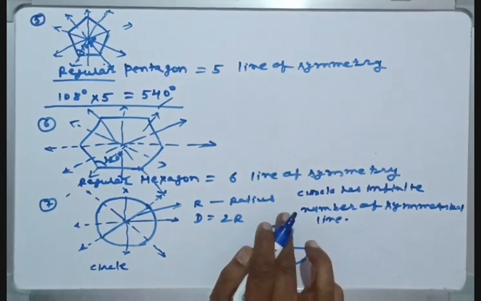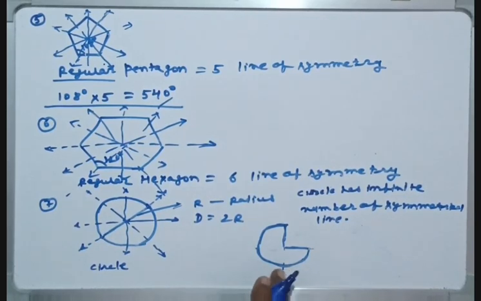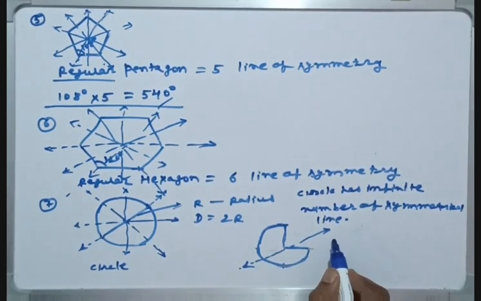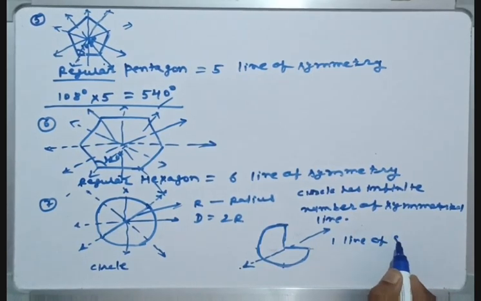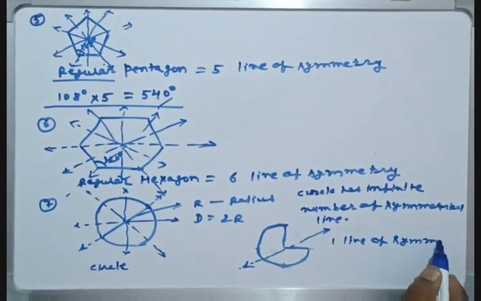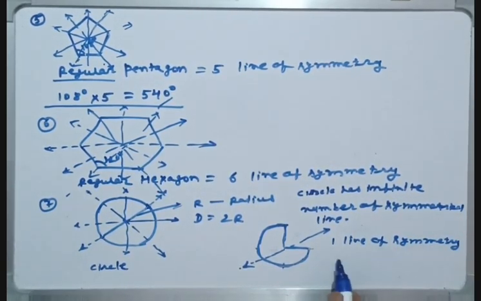Okay, so in an examination such a shape is given to you and asked how many symmetrical lines exist in this shape. So your answer is 1. See, this one is one line of symmetry. So one line of symmetry exists in such a shape. Okay guys, now next we study lines of symmetry in alphabets.